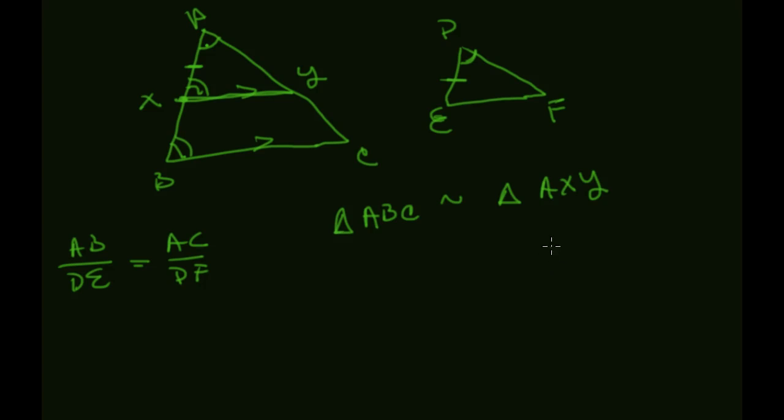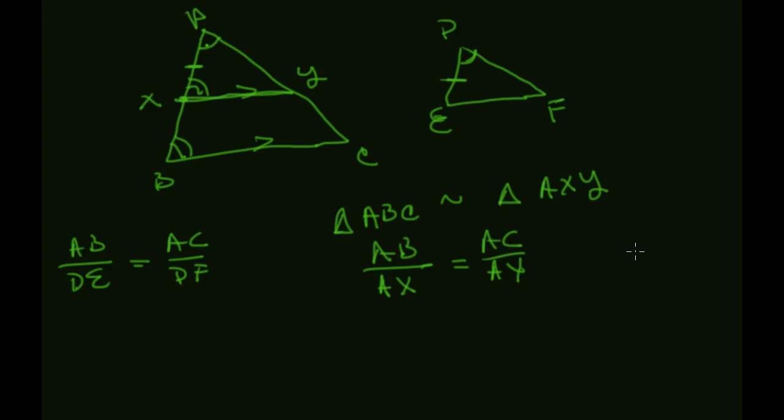Okay, so if that's true, then the following statement has to be true. AB has to be proportional to AX, and likewise AC has to be proportional to AY. Okay, so that proportion has to work.